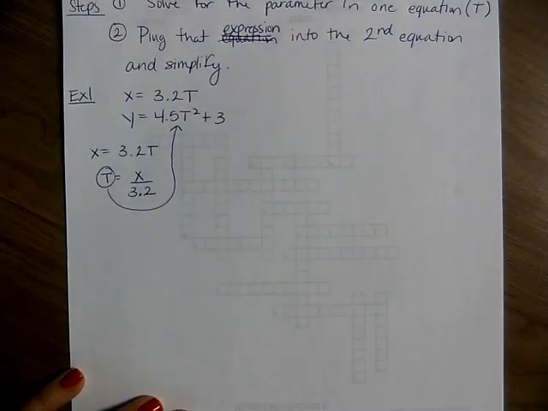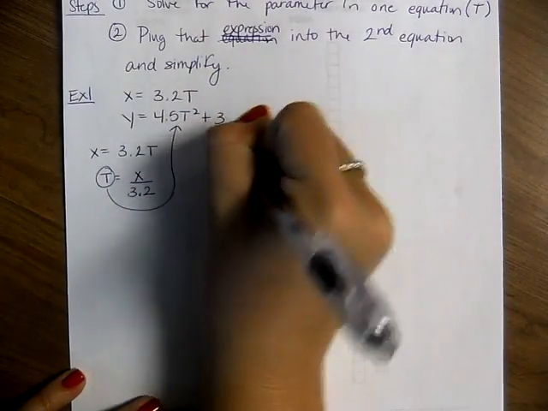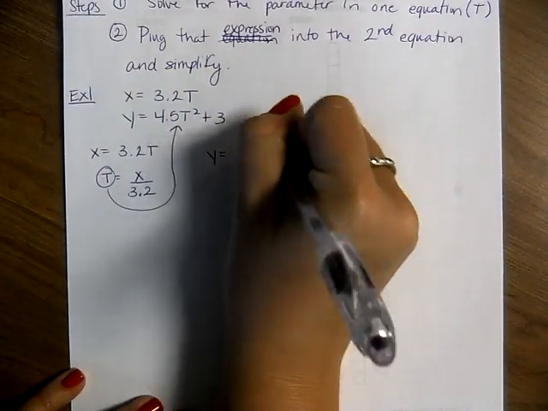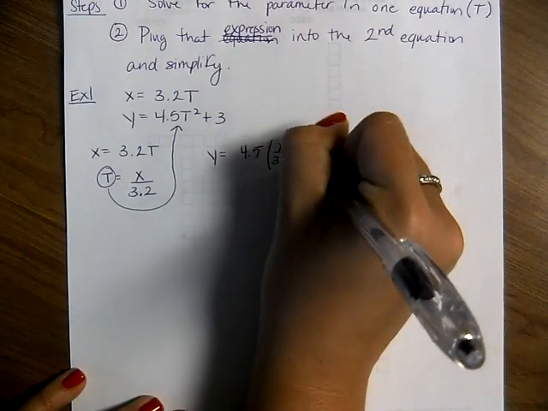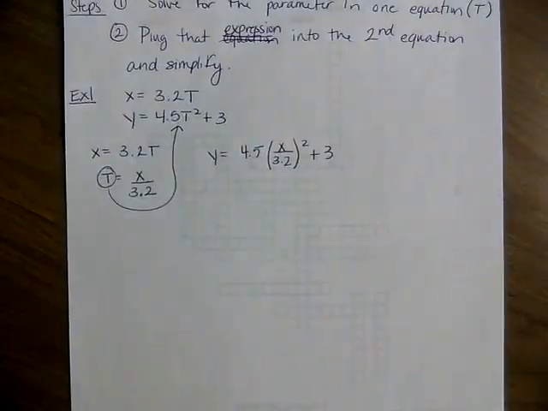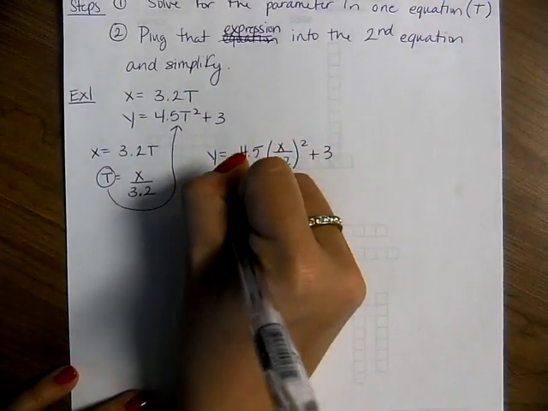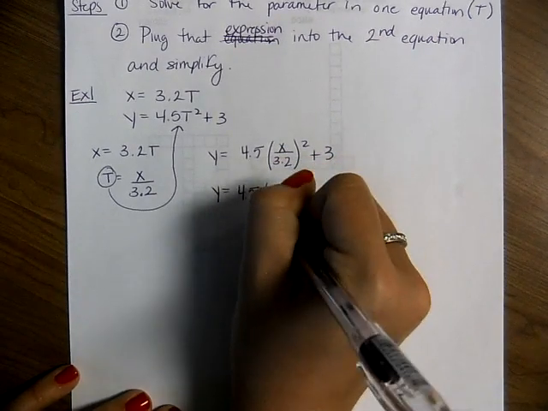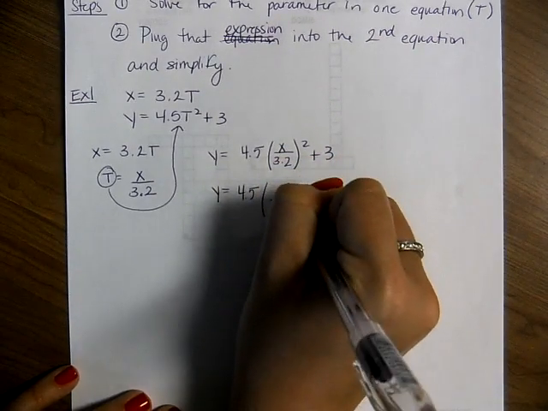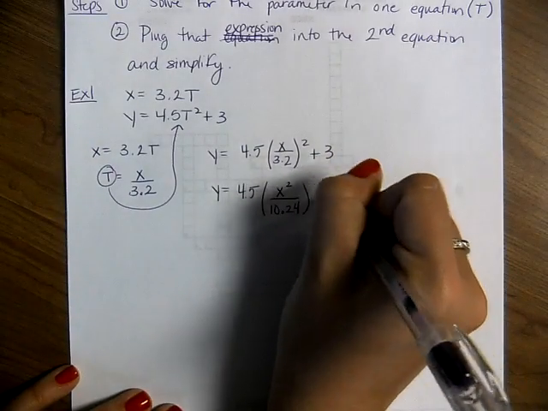Okay? Alright, so y equals 4.5 times x over 3.2 squared plus 3. Okay, so we're going to square that fraction. And 4.5 times x squared over 10.24. Still plus 3.